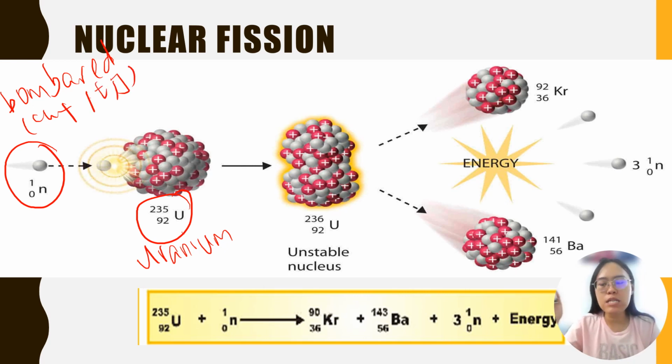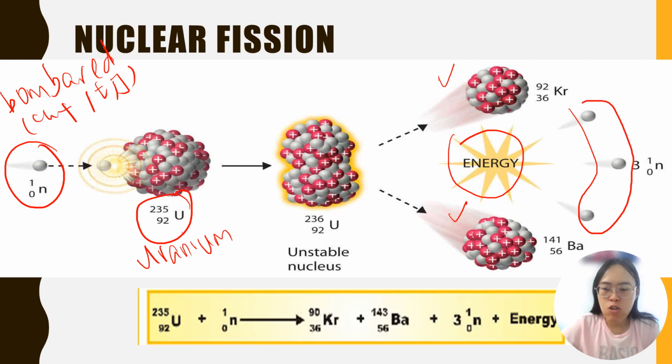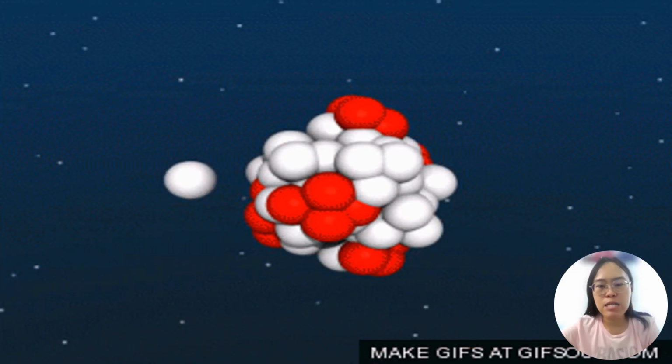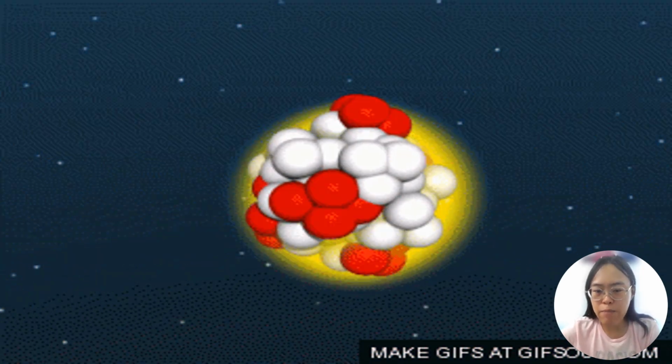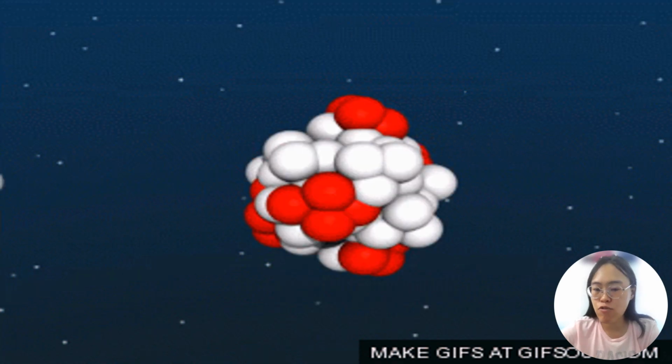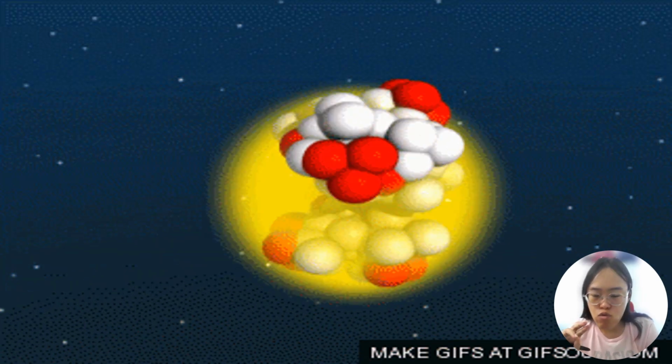So this uranium is bombarded by a neutron to produce two lighter nuclei and release nuclear energy, together with 3 neutrons. Why do I emphasize these 3 neutrons? I will explain more later. In the diagram, the uranium is bombarded by the white neutron, then it splits into 2 lighter nuclei.